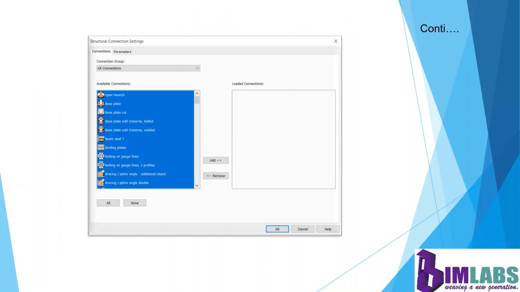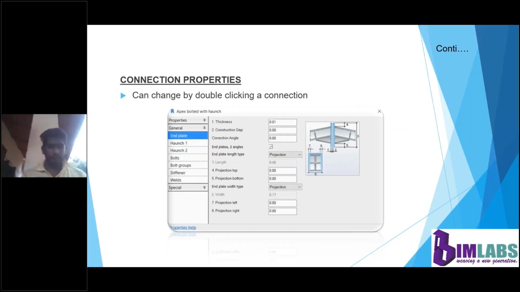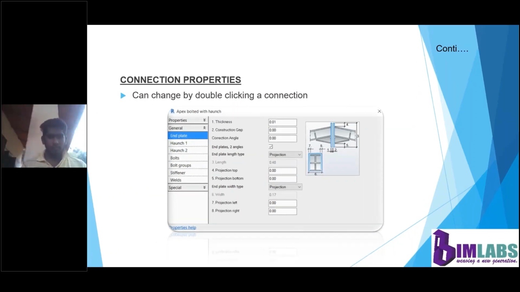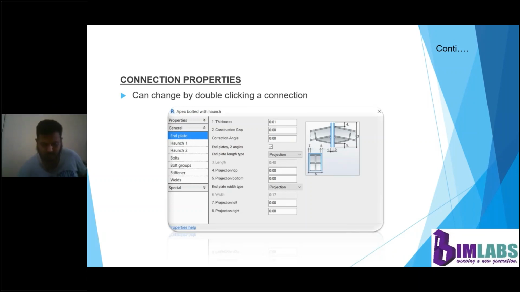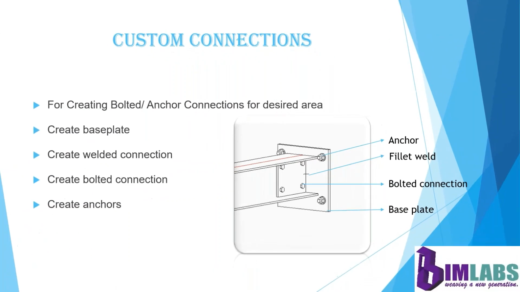This is the dialog box I have taken from Revit Structure. You can load it and use it. If you want to edit it, you can just double click it so that you can edit the properties of that, and create your own type and use it. With custom connections, you can create your own type of connections as you want and use it.